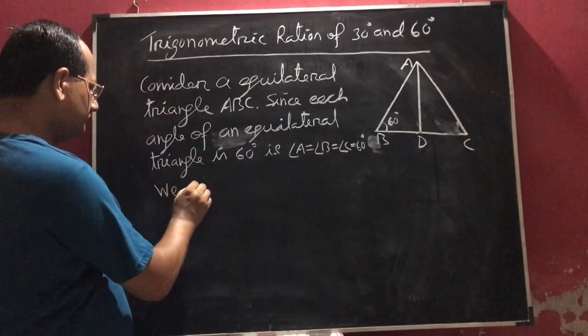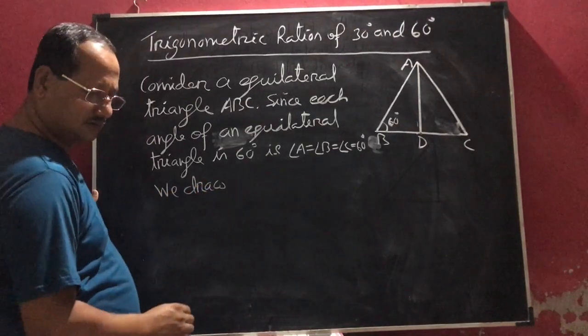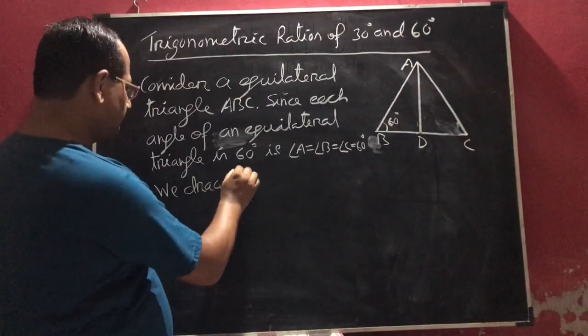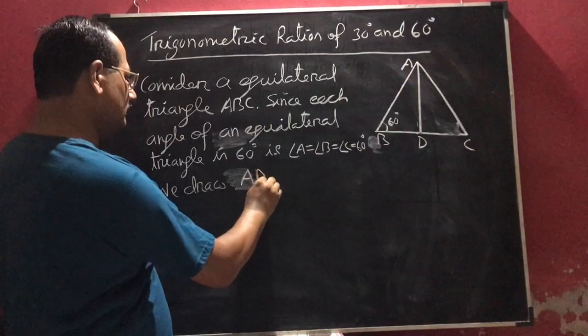We draw the perpendicular. We draw AD perpendicular to BC.